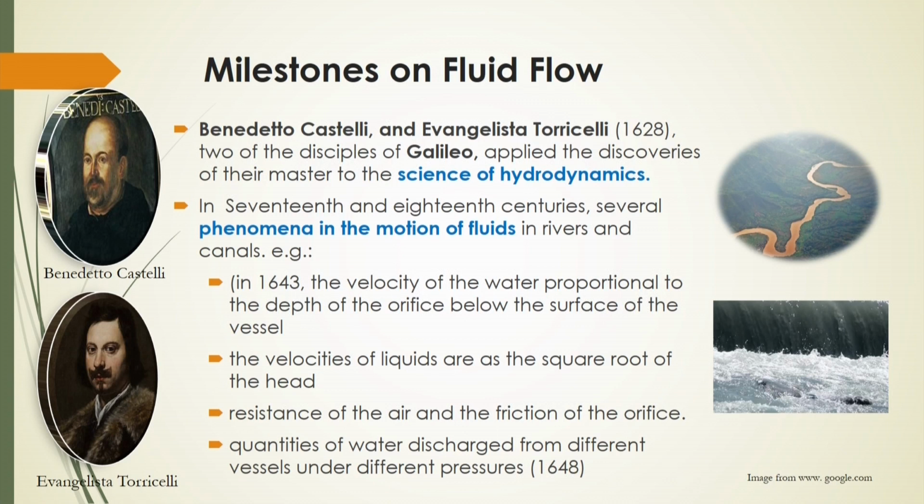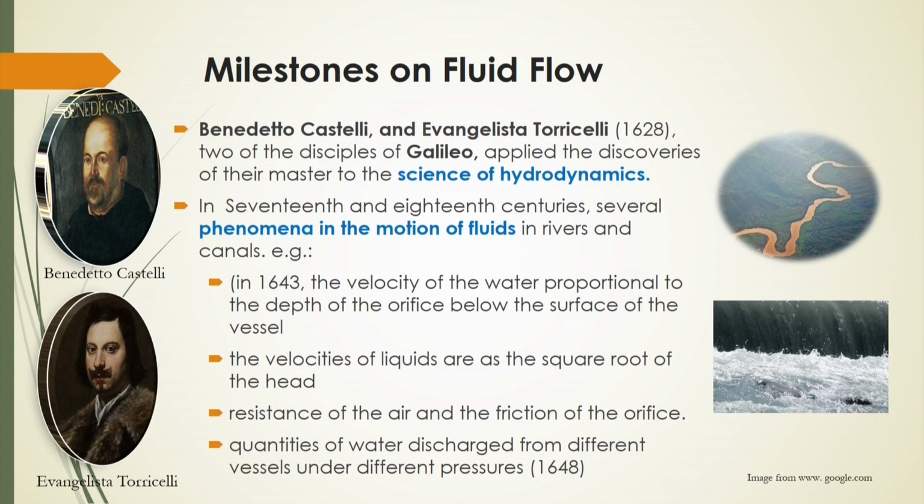Later on, in 1628, Benedetto Castelli and Evangelista Torricelli, the disciples of Galileo, applied the discoveries of their master to the science of hydrodynamics. And in the 17th and 18th centuries, several other phenomena in the motion of fluids in rivers and canals were observed.